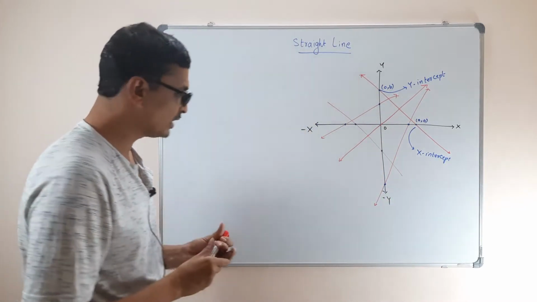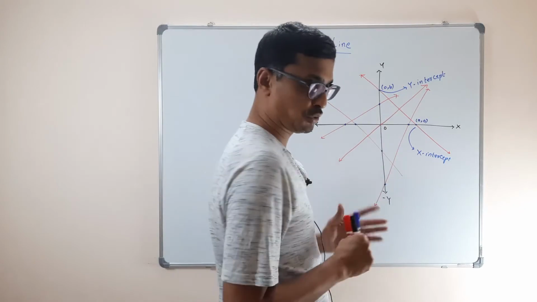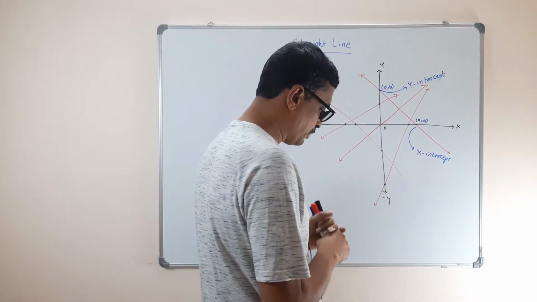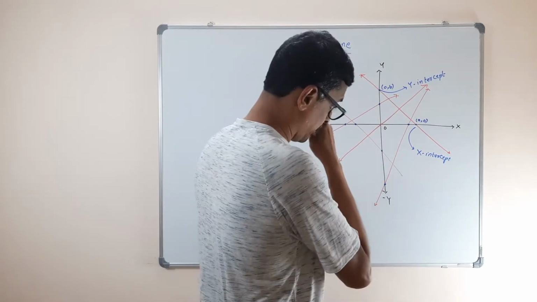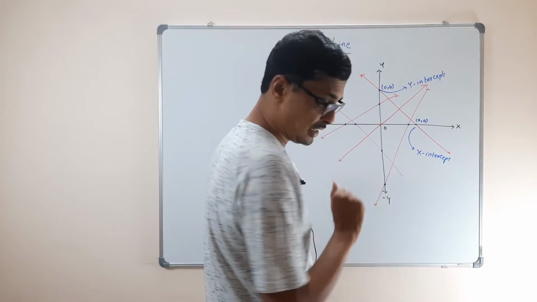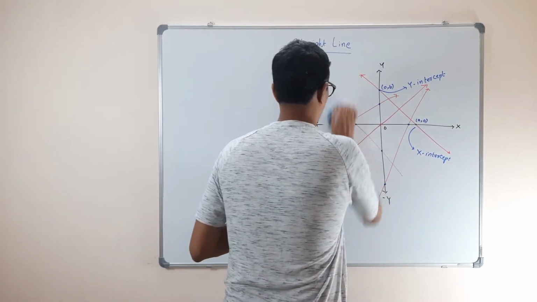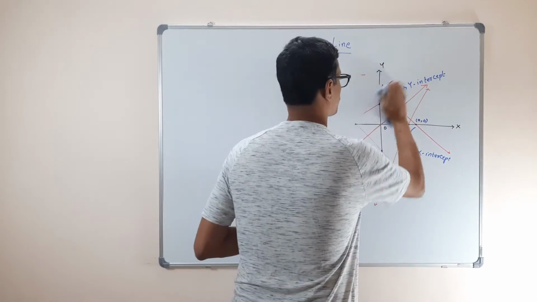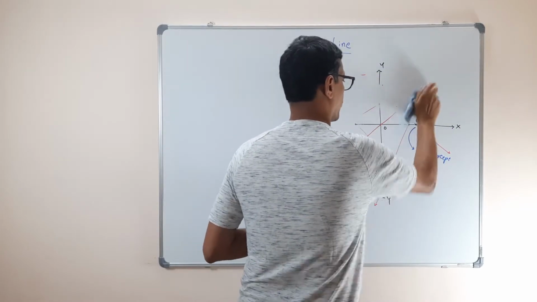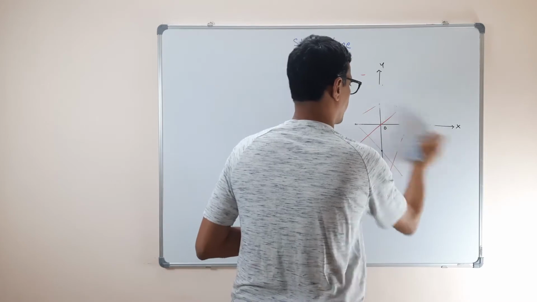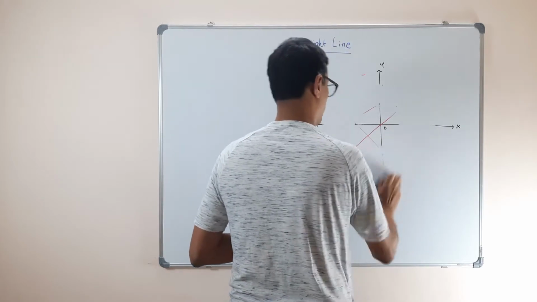So this is the terminology we will use: y-intercept and x-intercept. Let me clean it up, we don't need a lot of lines. Now we know the x-intercept and y-intercept can be positive, negative, and so on.